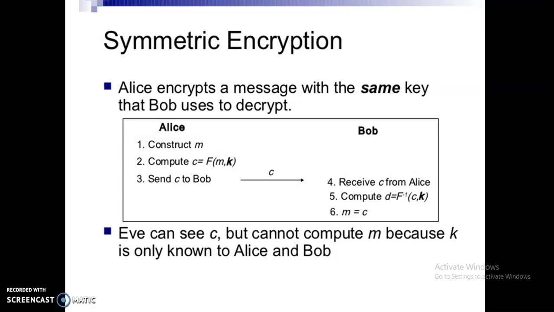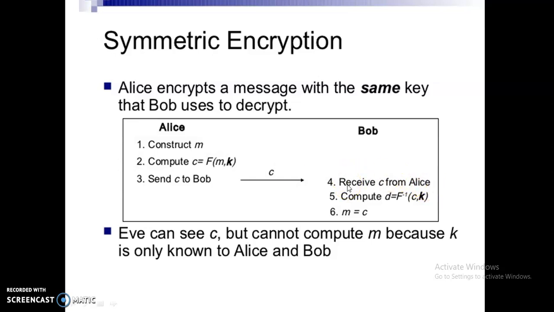Here you can see, these were all explained in my previous classes. Alice sends a message, M is the message, K is the key. This is the algorithm, so the message is converted into the ciphertext, and this ciphertext travels through the channel and is received by Bob.